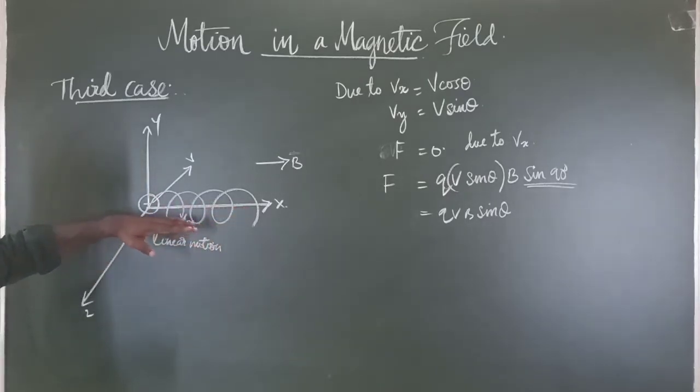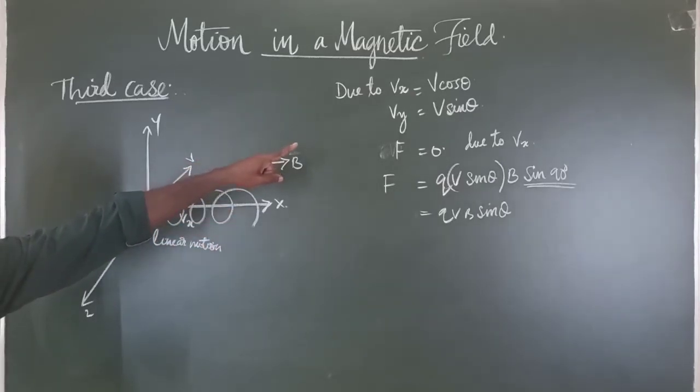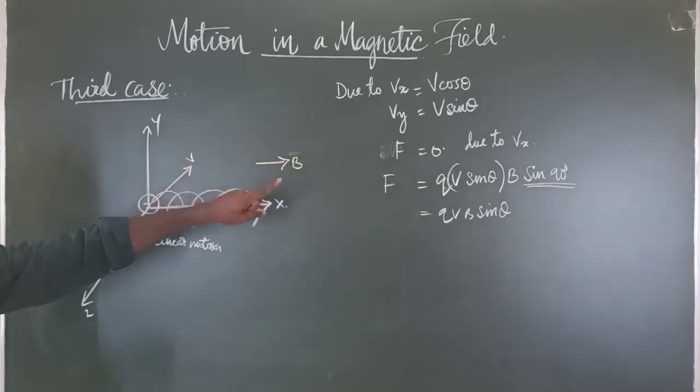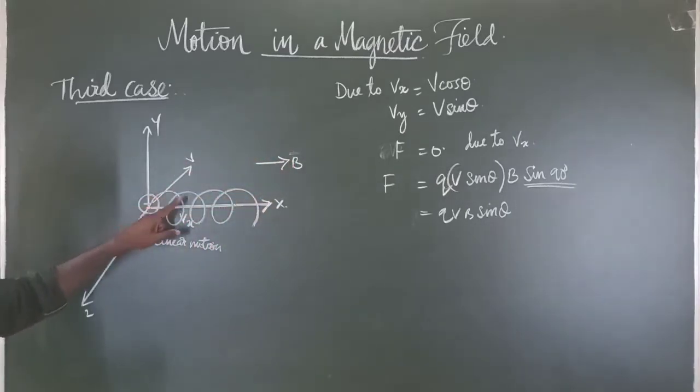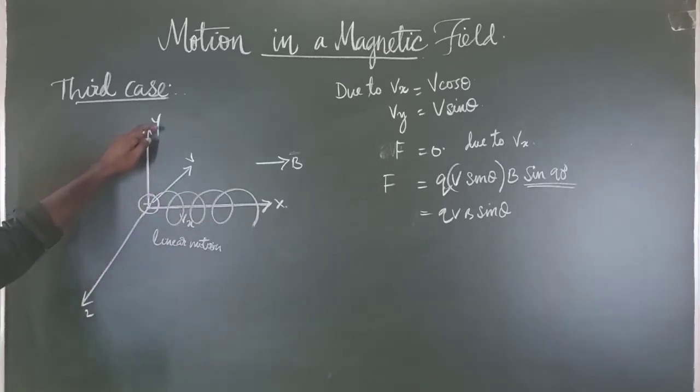The linear motion is due to the x component of the velocity of the particle, and this circular motion is due to the vertical or the y component of the velocity.